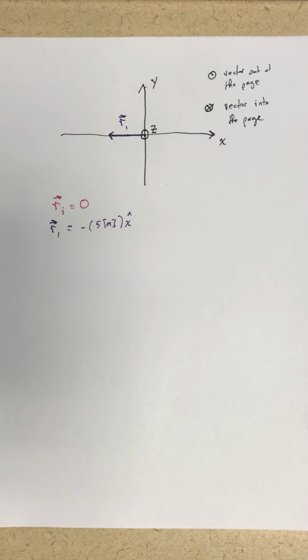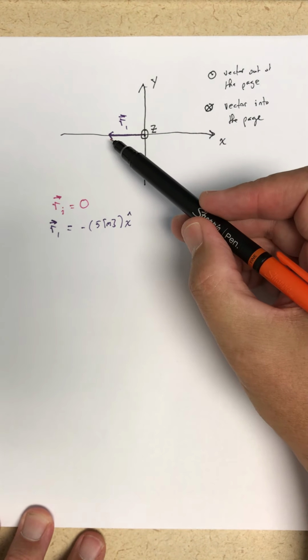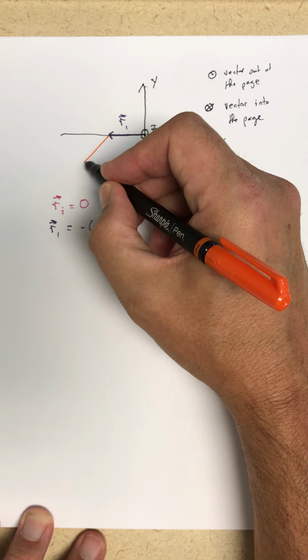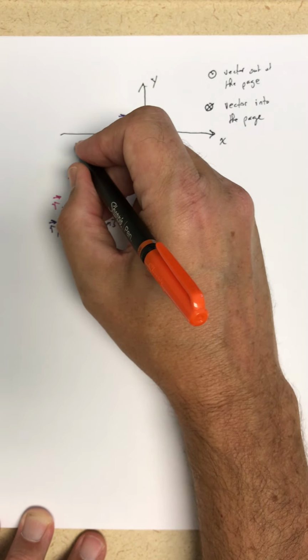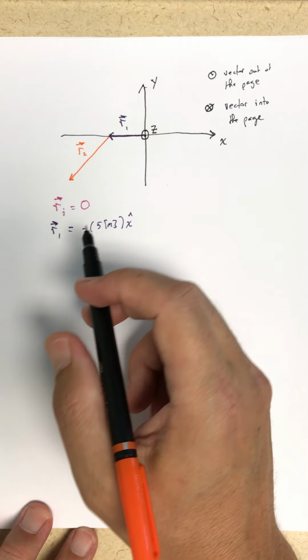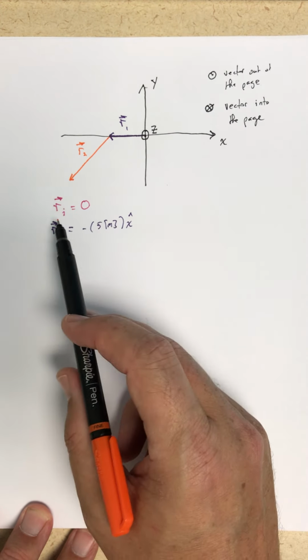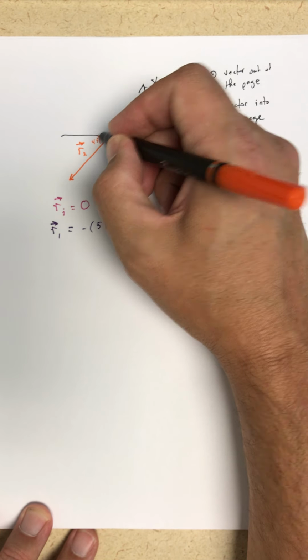Next motion of our prairie dog is that the prairie dog goes southwest for 8 meters. So there is the second step. So southwest is equal parts west, equal parts south. So that's 45 degrees.